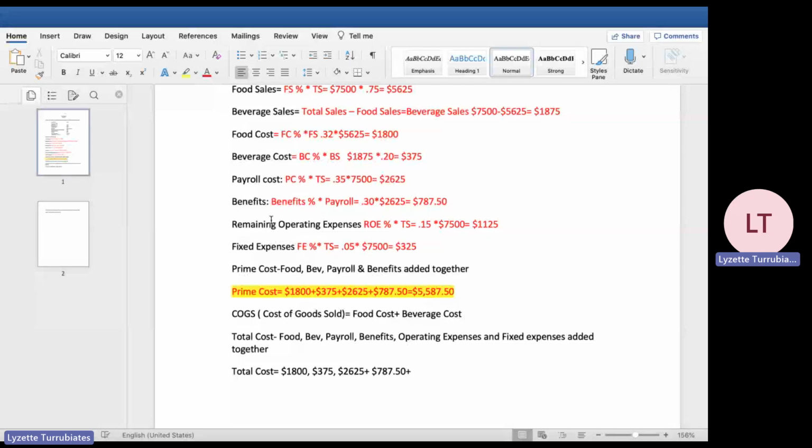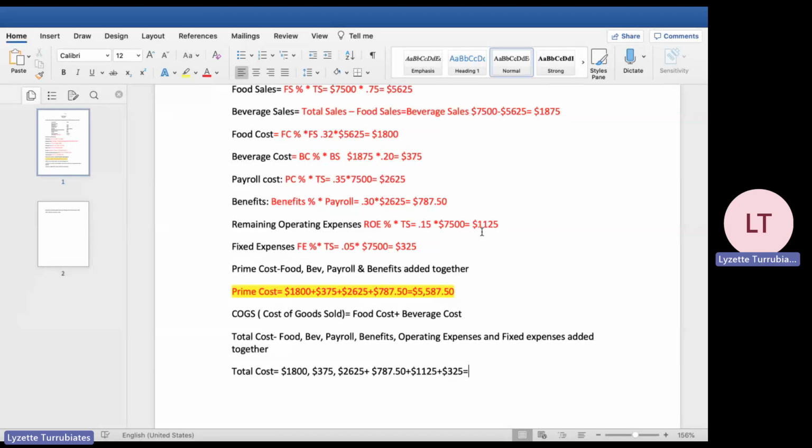And now we need to add in our remaining operating expenses, which are $1,125, and our fixed expenses, $325.